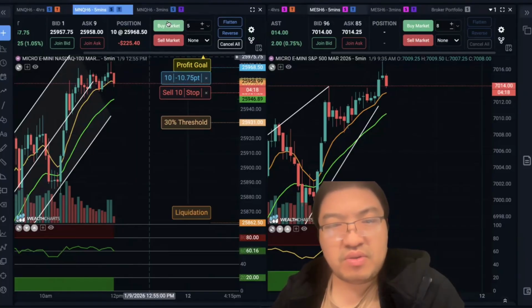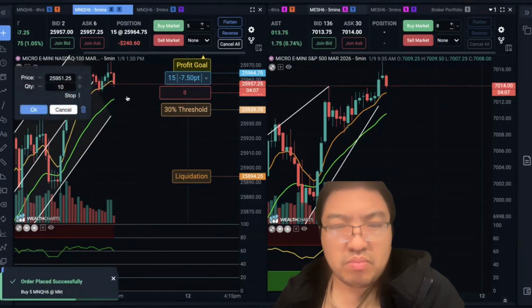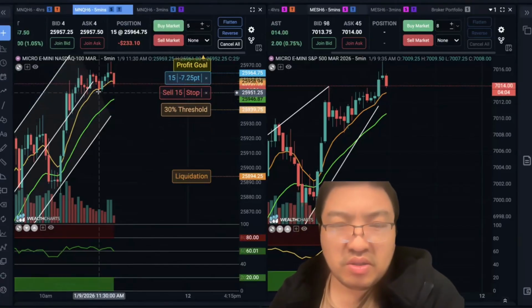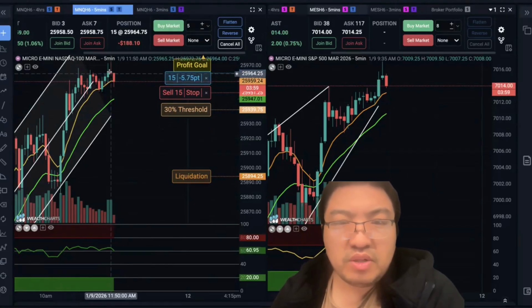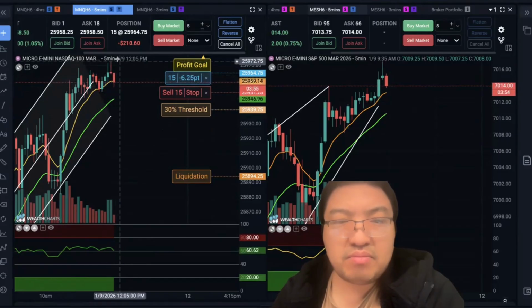It'll retest the fair value gap. Retest fair value gap. 15. And we'll see if you get rejected here and keep pumping up.